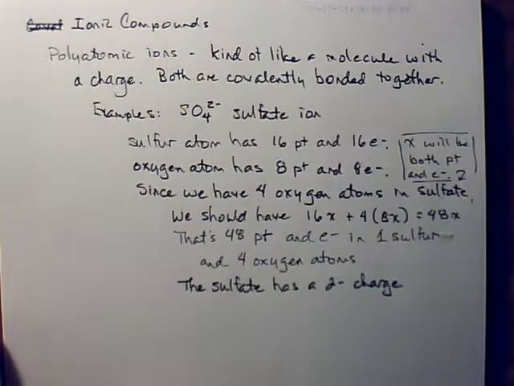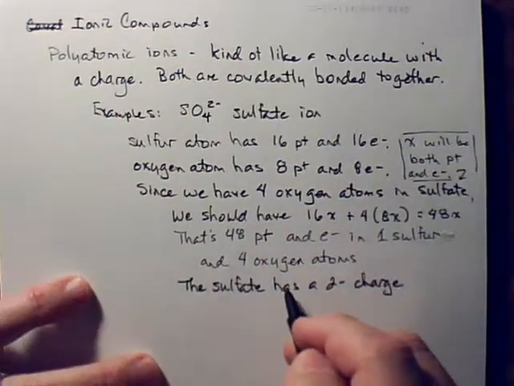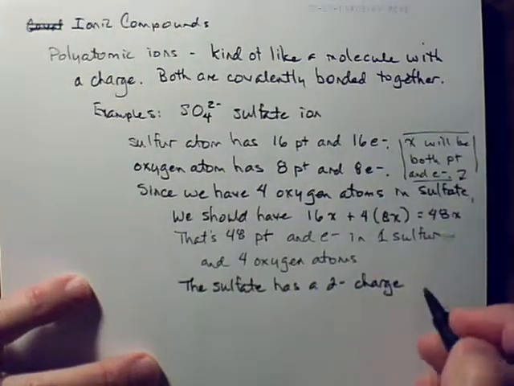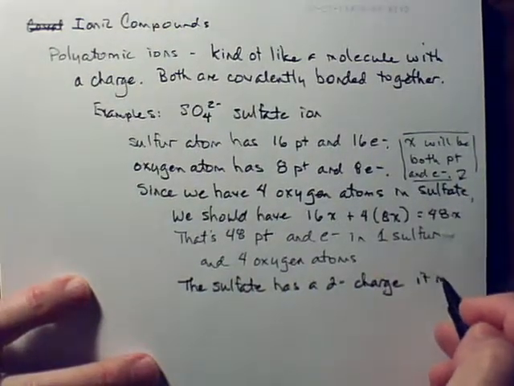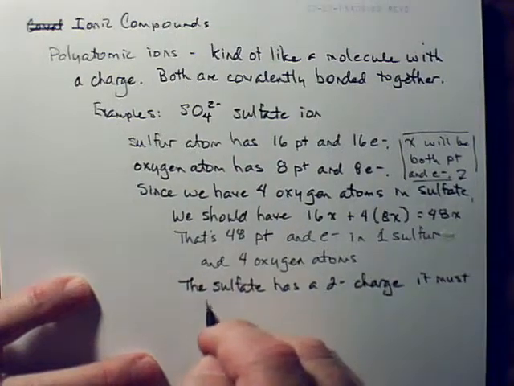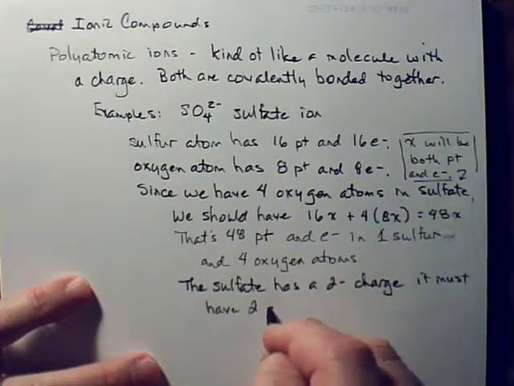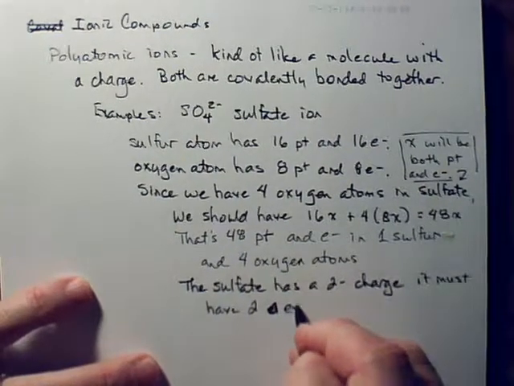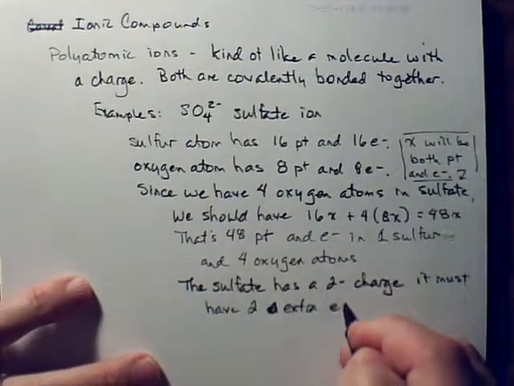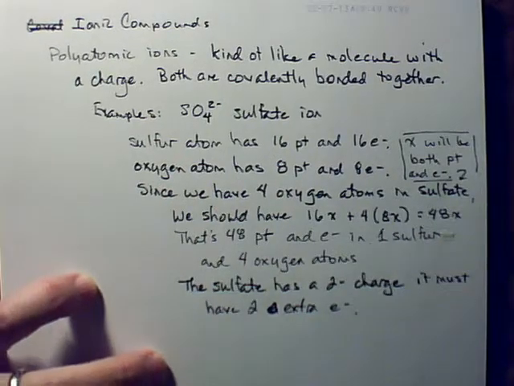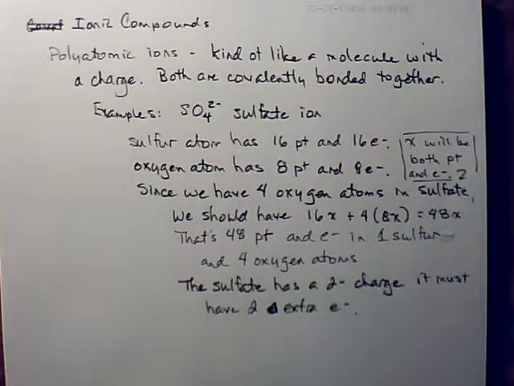What does it have to gain? Electrons. It must have 2 extra electrons.